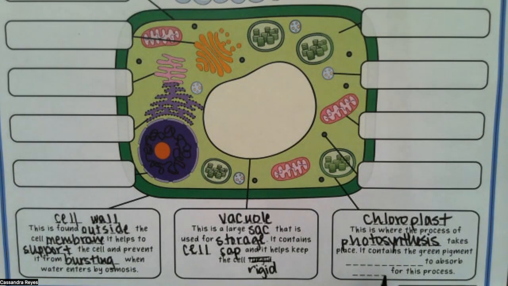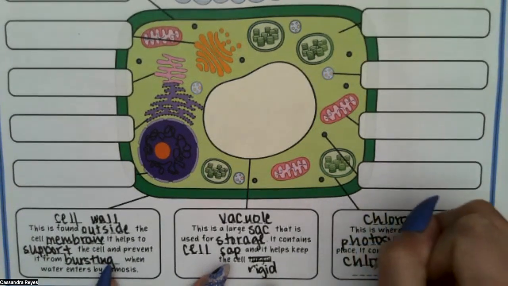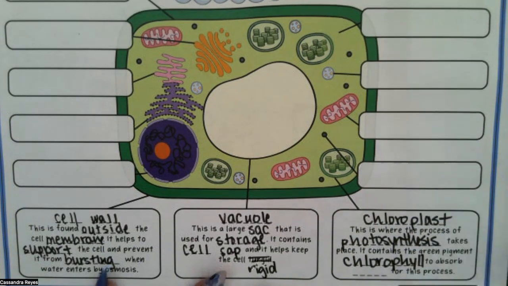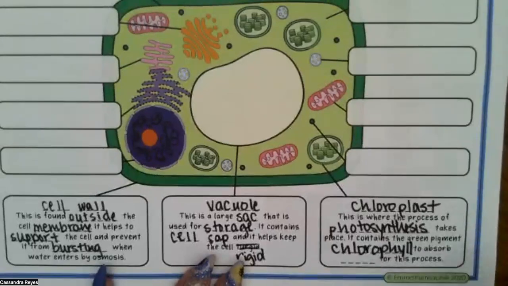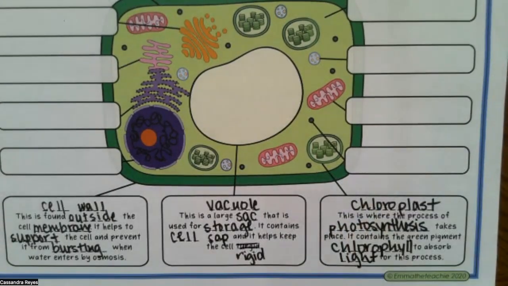It's going to contain this green pigment that actually gives leaves their color, called chlorophyll, in order to absorb light for the process of photosynthesis. Because what do we require in order for photosynthesis to occur? Sunlight. We require sunlight. Very good. You guys are so smart. Sorry, guys, I'm just tired.